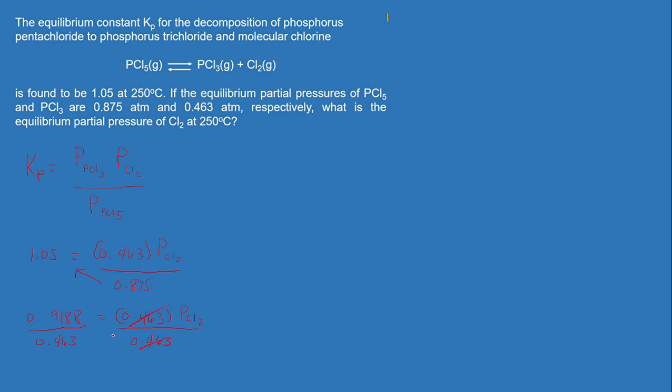So, yung partial pressure na lang ng Cl2 ang maiiwan dyan. So, the partial pressure of Cl2 now is 1.98 atmosphere. So, ganoon lang kasimple itong problem na ito, kasi nag-plug in ka lang ng data dun sa equilibrium constant expression natin.